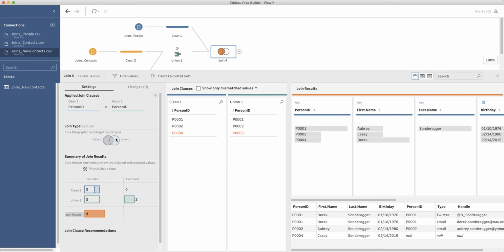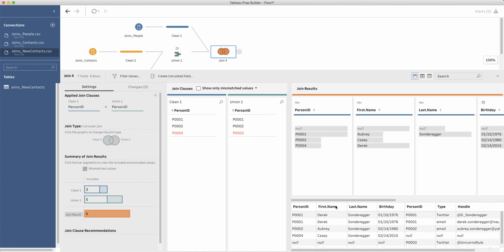Now, if I were to go and click on this other side, this would say, oh, for any of the contact information, include it in there even if you don't have the first name and the last name and birthday for that person.